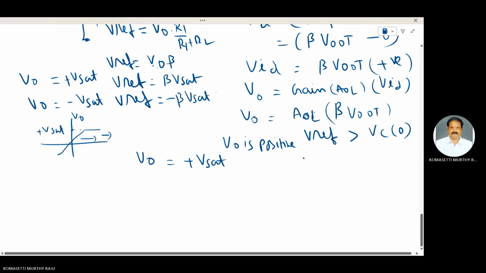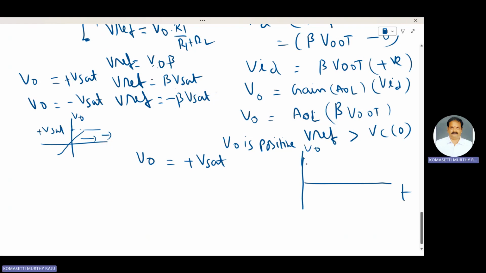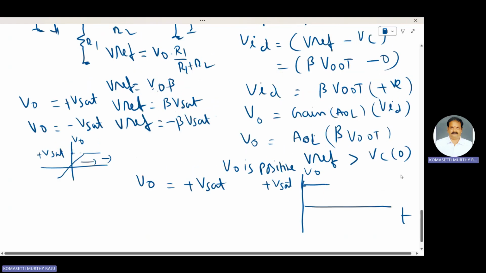Therefore, represent in this figure: V naught is maintained at plus V set.